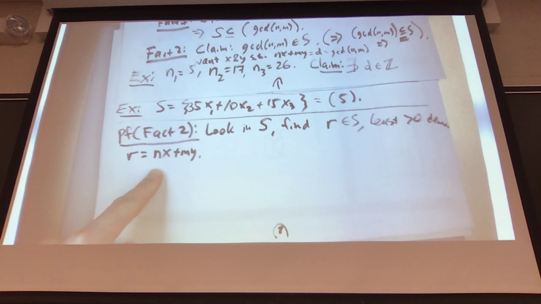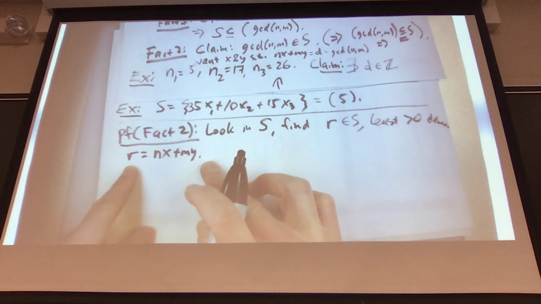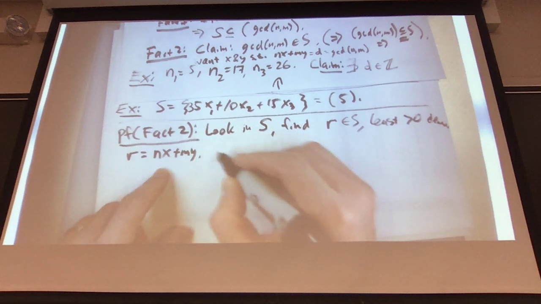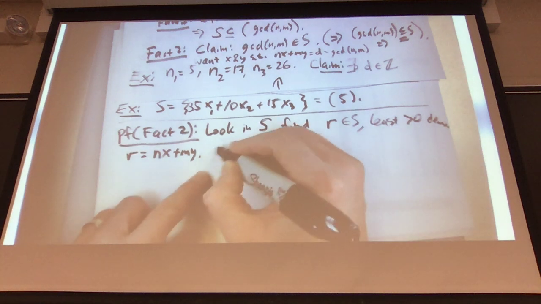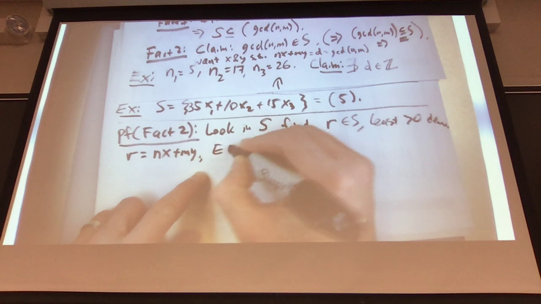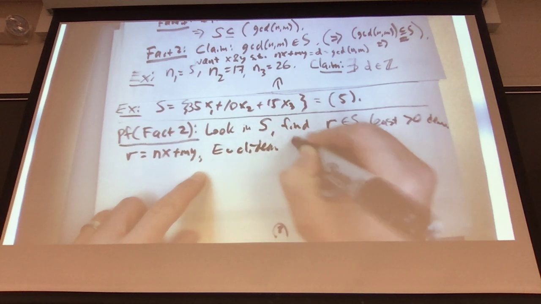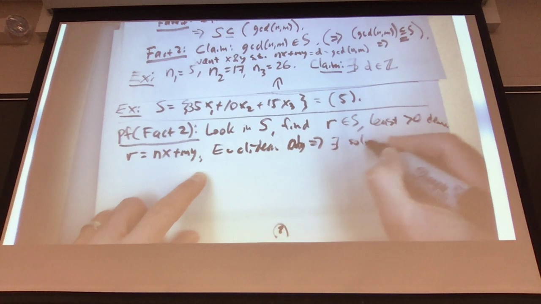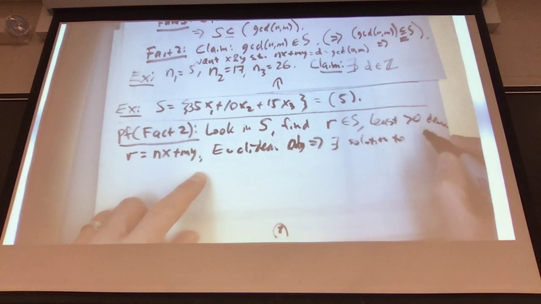Well, without writing out the Euclidean algorithm again, what I want to say is that R must be equal to D. So the GCD, Euclidean algorithm, let's write it like this. Euclidean algorithm implies there exists a solution to nx plus my equals the GCD.